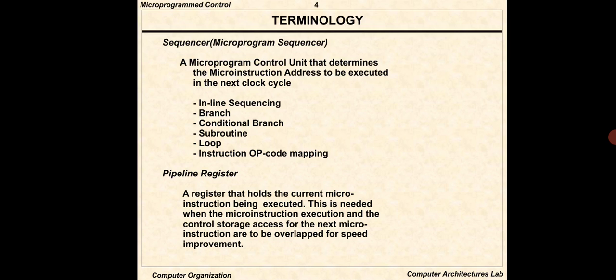Next comes the next terminology, which is known as pipeline registers. A register that holds the current micro instruction being executed. This is needed when the micro instruction execution and the control storage access for the next micro instructions are to be overlapped for speed improvement. The pipeline register holds the current micro instruction it is executing.